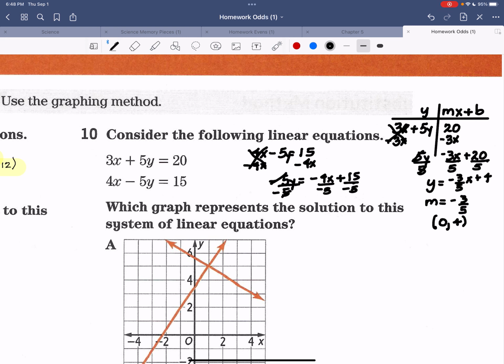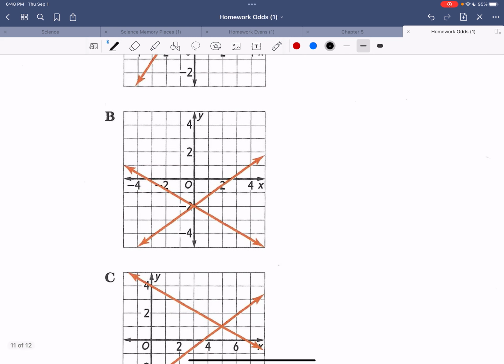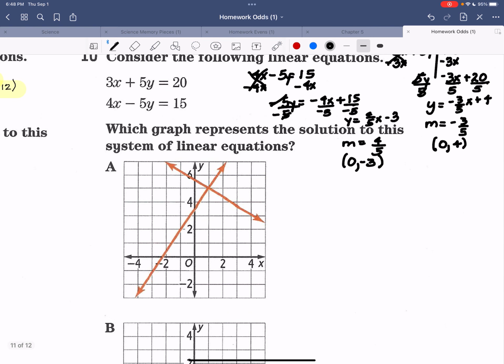And that leaves me with y equals 4/5 x minus 3. So slope is 4/5 positive, and the y-intercept is 0, negative 3. So one slope is negative, one is positive. There is an intersection, I would expect. And let's check all of them to be sure. All of them intersect, so all of them could possibly be the answers.